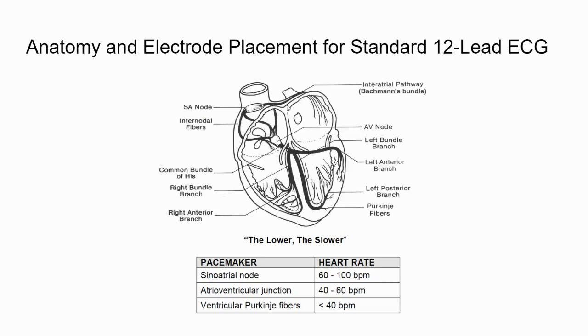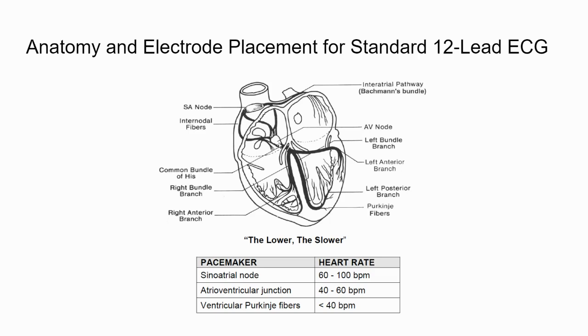Just a little bit more information here, talking about the SA node, the AV node, and the left and right bundle branches. What are their heart rates? The SA node, being the natural pacemaker of the heart, will typically have a rate between 60 to 100 beats per minute.